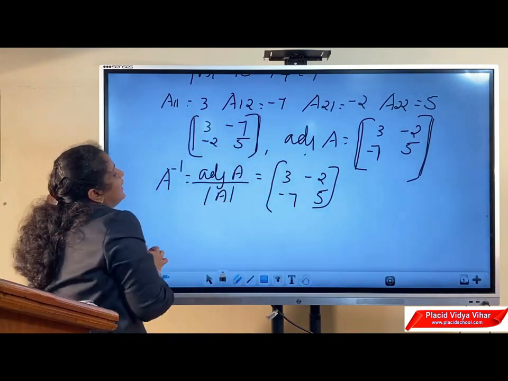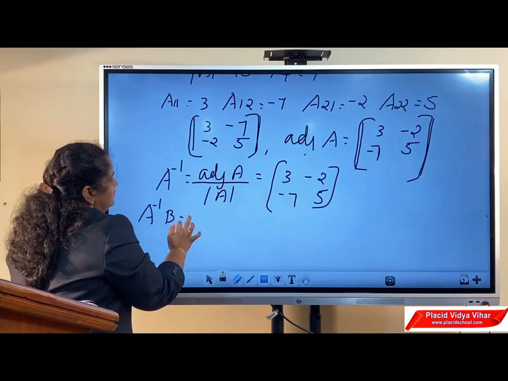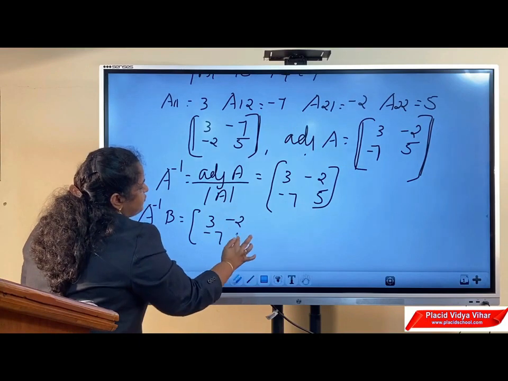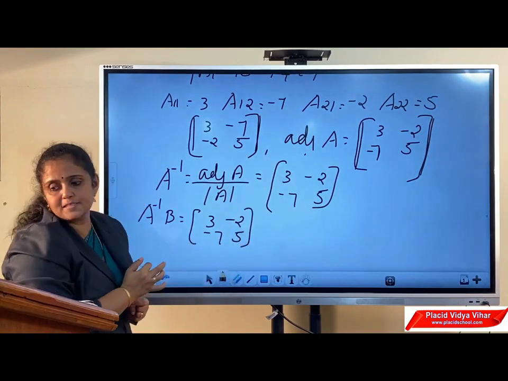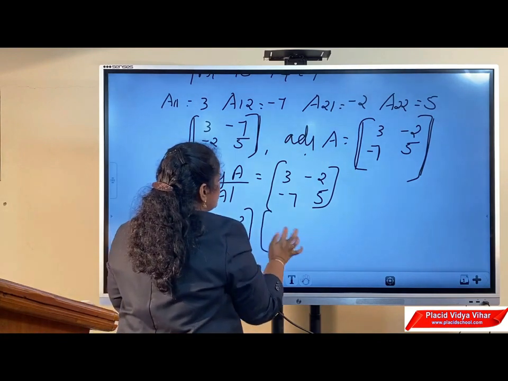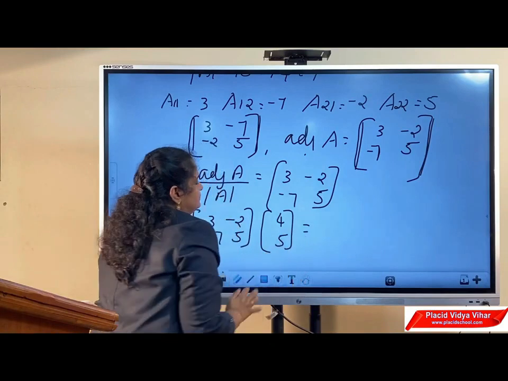Then we can find A inverse into B. A inverse into B is equal to [3, minus 2; minus 7, 5] into B, which is the 2 by 1 matrix [4; 5]. Now multiply these two.